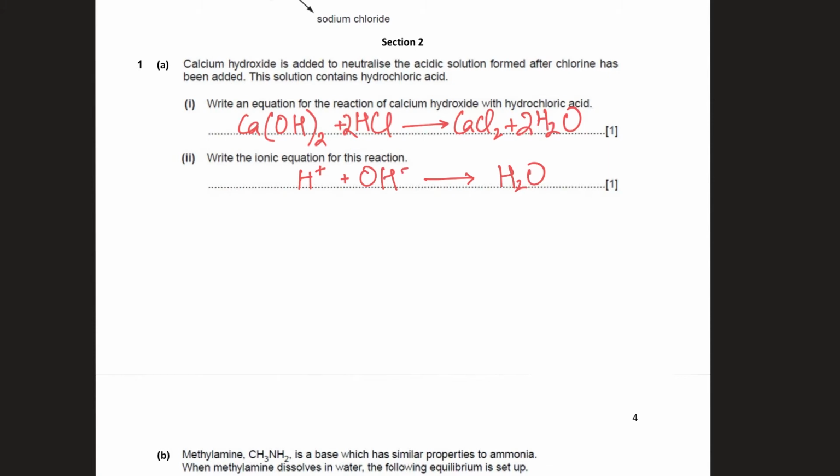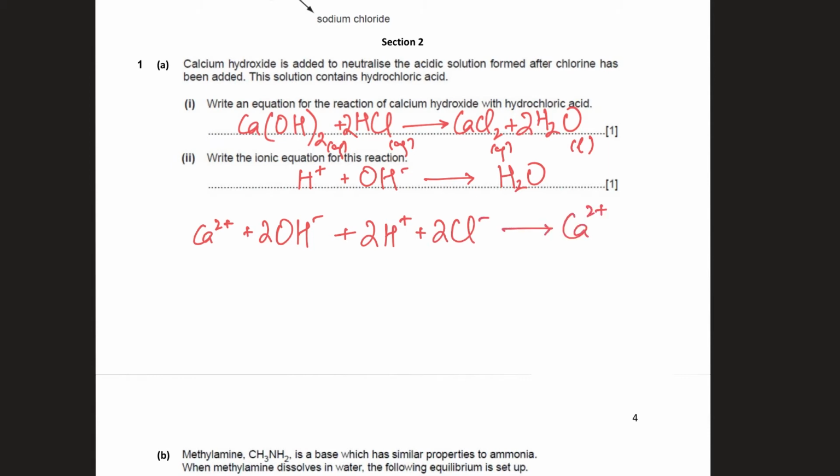For that, remember that anything that is aqueous, you're going to ionize. So this ionizes, this ionizes, this ionizes. This is a liquid, it does not ionize. So when you do it, you'll get calcium ion, 2 hydroxide ions, 2 hydrogen ions, 2 chloride ions, producing 1 calcium ion, 2 chloride ions, and obviously 2 water, which is H2O and does not ionize.